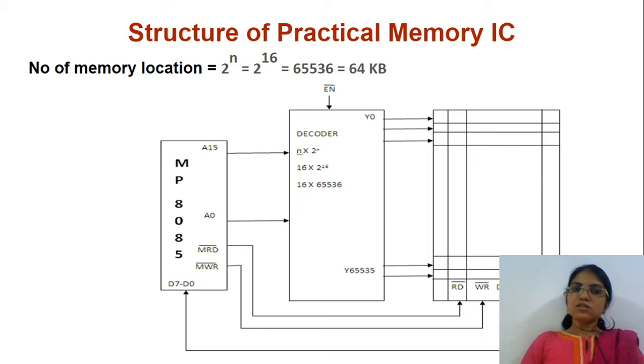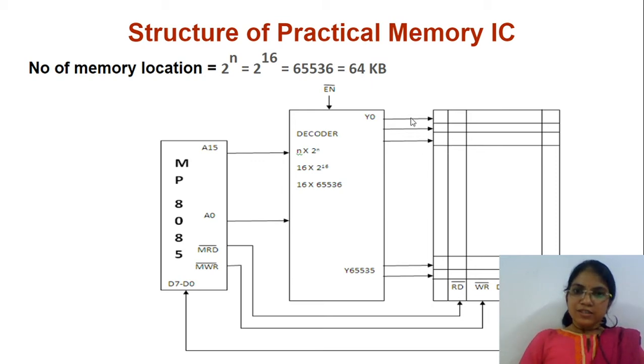Now the third feature is that microprocessor 8085 has a maximum memory capacity equal to 64 kilobytes. That means in 8085 we can store data up to 64 kilobytes. So that is the maximum memory capacity of 8085.